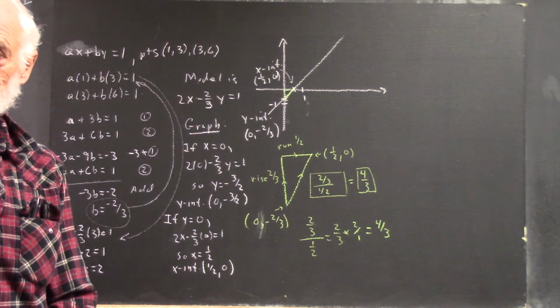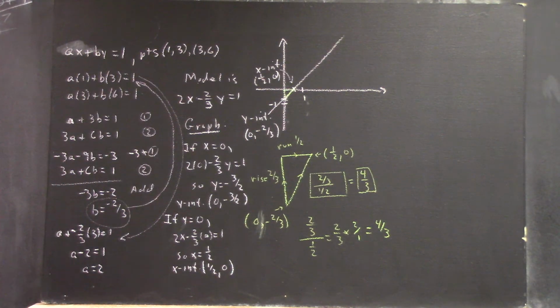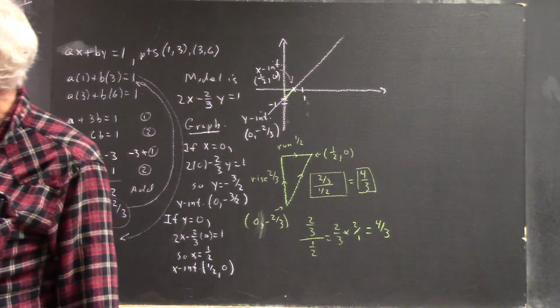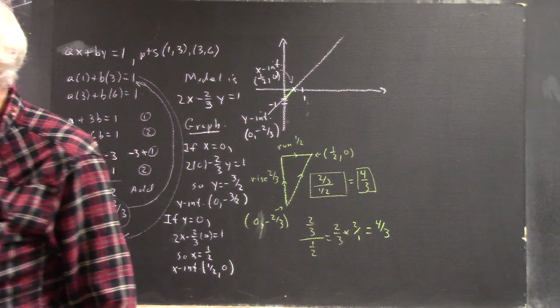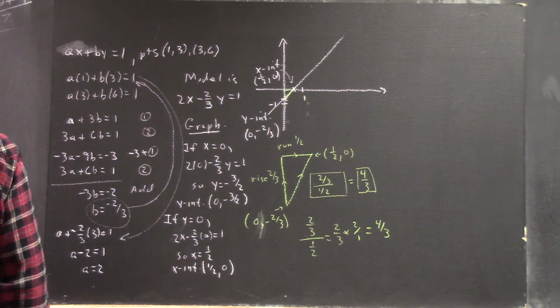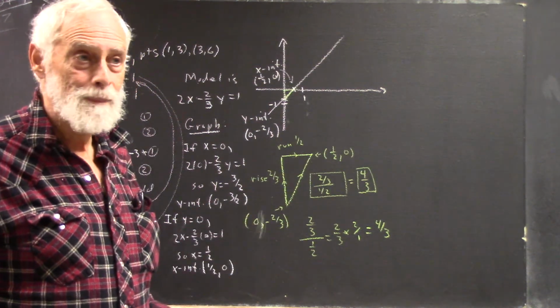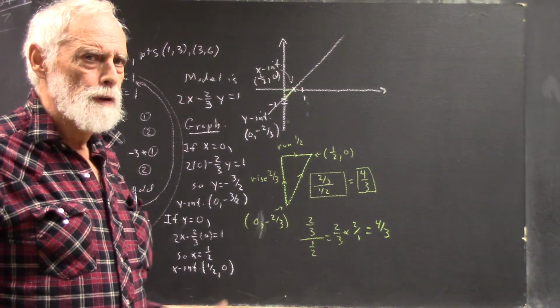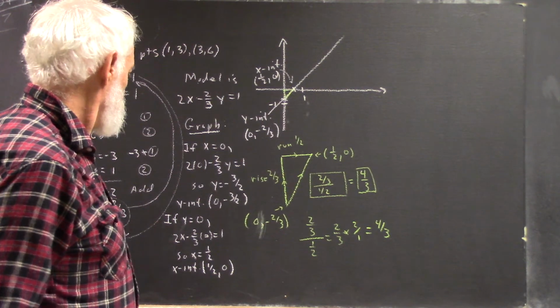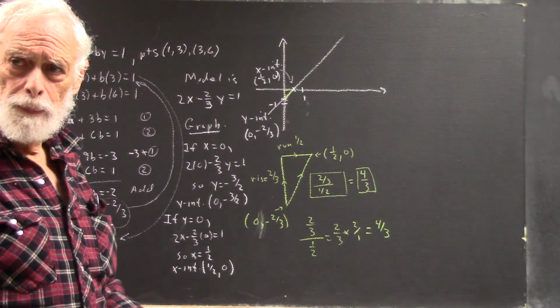Okay? And that should agree with the slope between the 2 points wherever I put the graph. It's (1, 3) to (3, 6). Goes up 3 and over 2. There could be a discrepancy there.